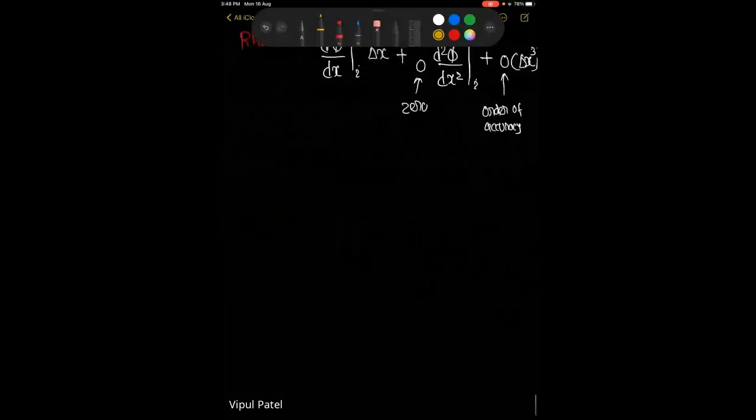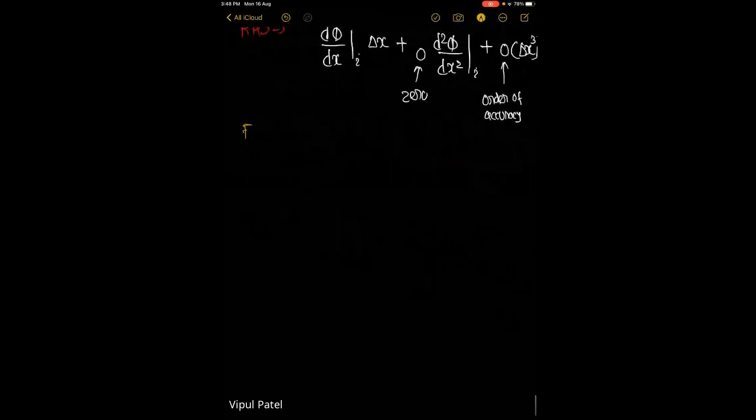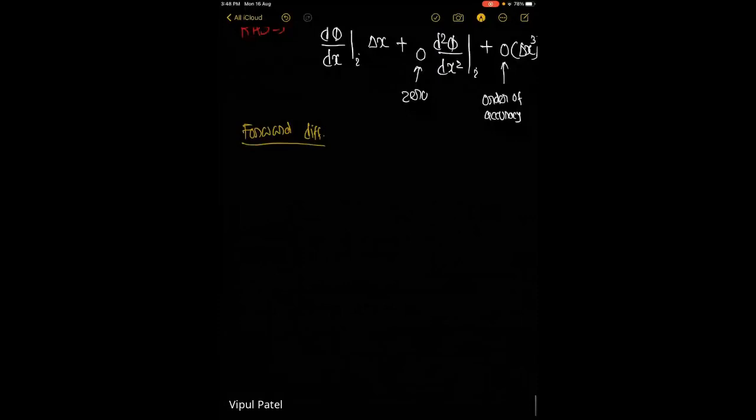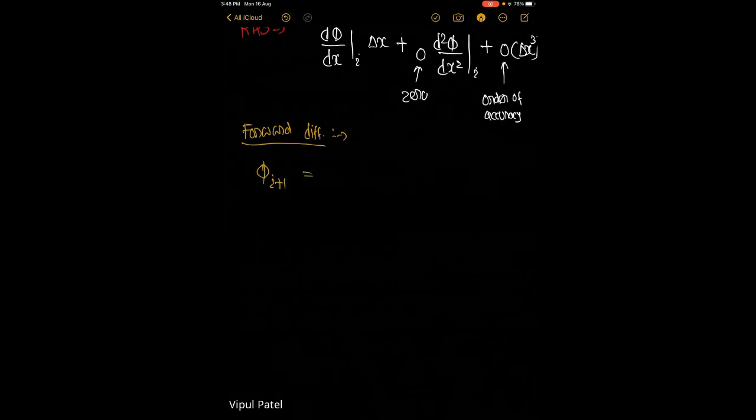With forward difference approximation, I can express phi I plus 1, which is nothing but phi at x plus delta x.